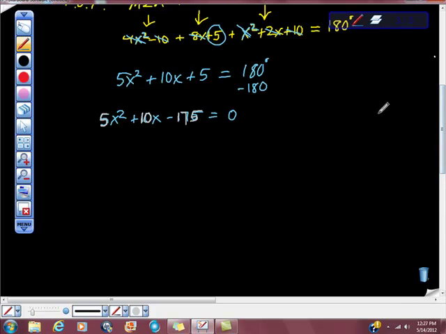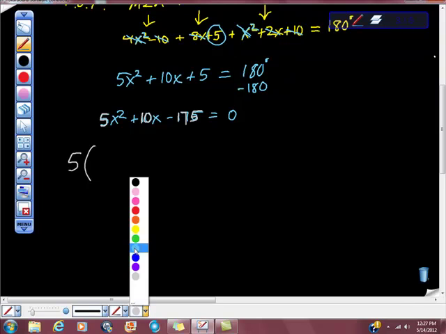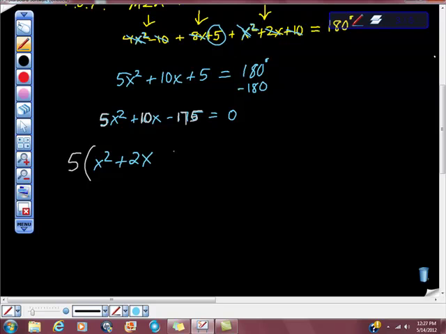So I take the 5 out, and let's see what that would give us. That would give us 5 times x squared plus 2x minus, 175 divided by 5, it's going to be 35, isn't it? Minus 35.